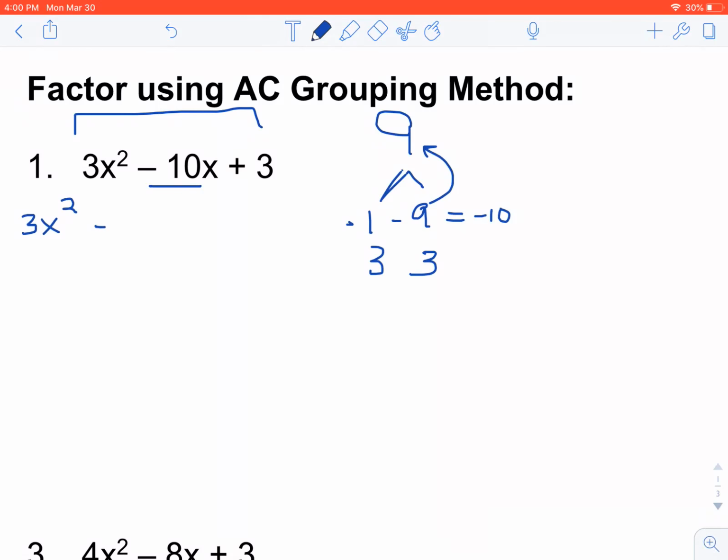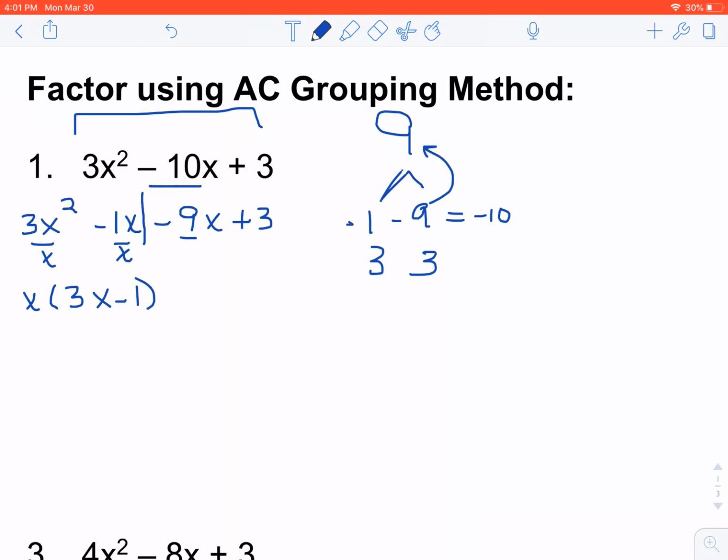3x squared minus 1x minus 9x plus 3. And then we separate our problem looking at the first 2 numbers and asking ourselves what they have in common, what we can divide out, and that's an x. And when we divide out an x, because that's what they have in common, we're left with 3x minus 1. The second 2 numbers, again, asking ourselves the same thing.